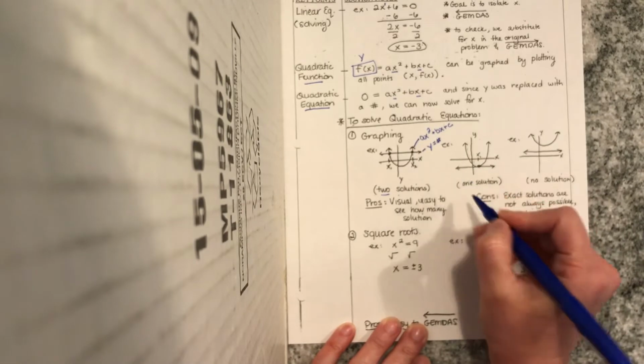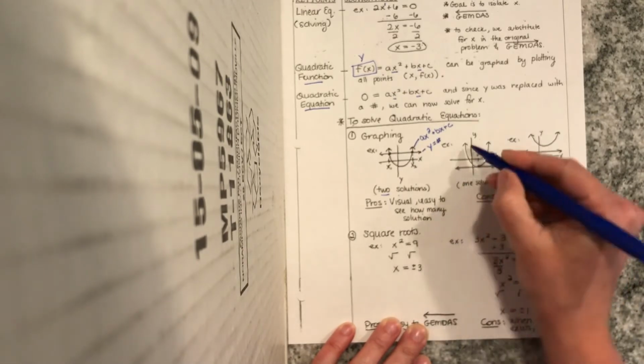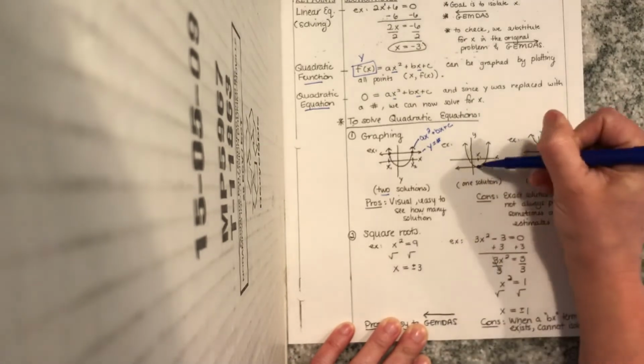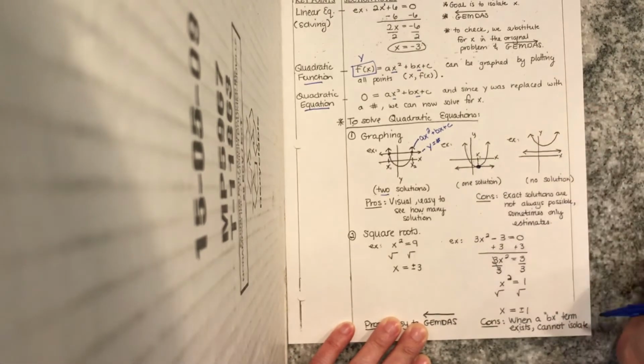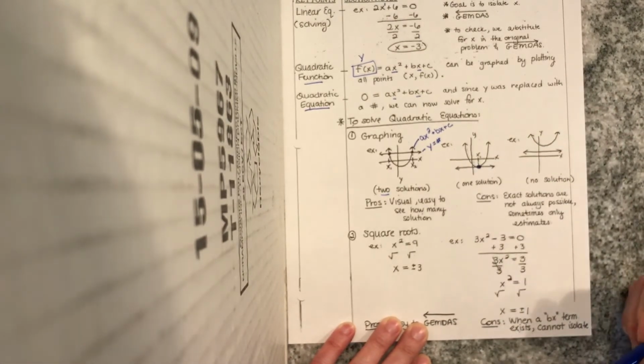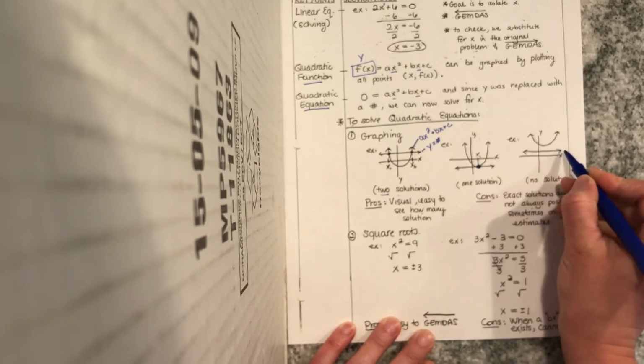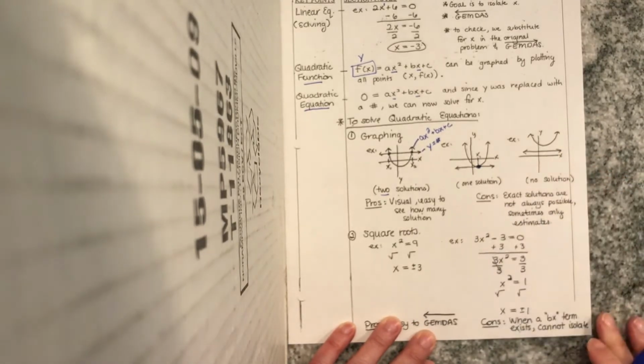If your parabola and your horizontal line only cross once, then you have one solution. There's only one number for x that works. And then, of course, if your parabola and your horizontal line never cross, then you have no solution.